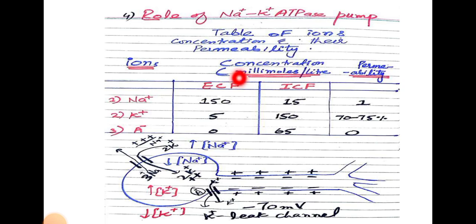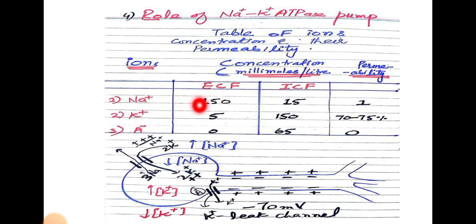And one other factor is the role of the sodium potassium ATPase pump. With the help of ATP, with the help of energy, sodium and potassium are moved against the concentration gradients across the cell membrane. Now, this table shows the concentration and permeability relationships between these different charged substances.